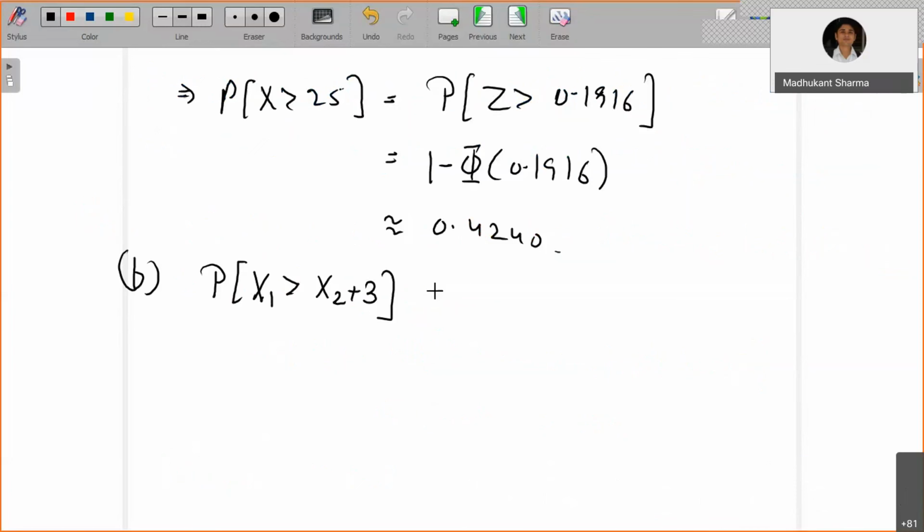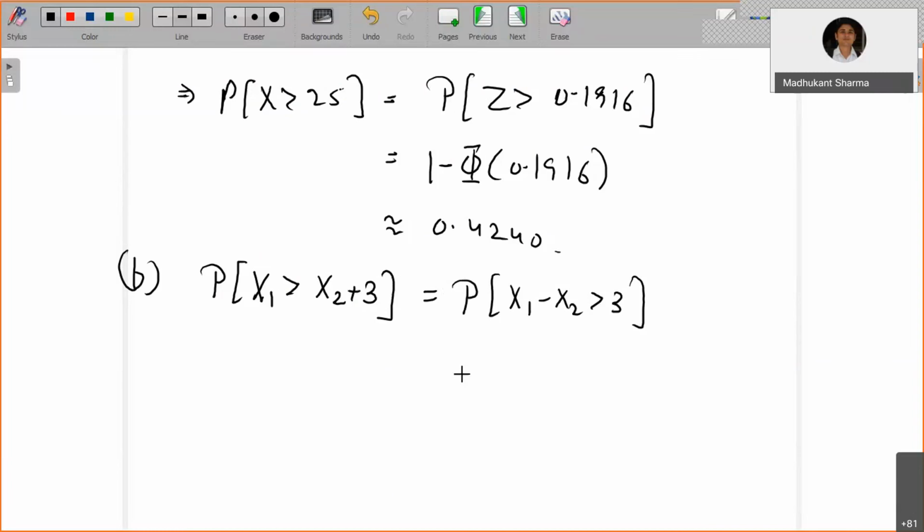So this implies the probability of x1 minus x2 greater than 3, more than 3 inches, right? That next year's precipitation will exceed that of the following year by more than 3 inches.